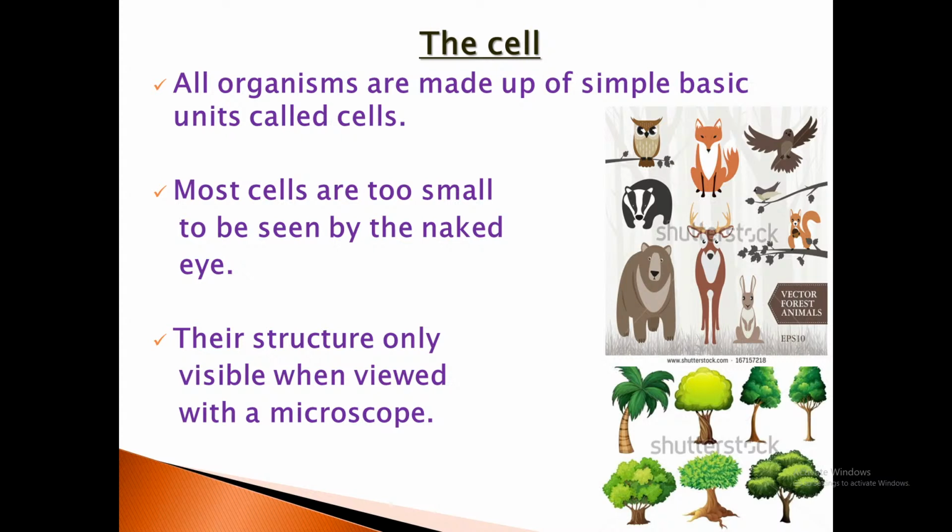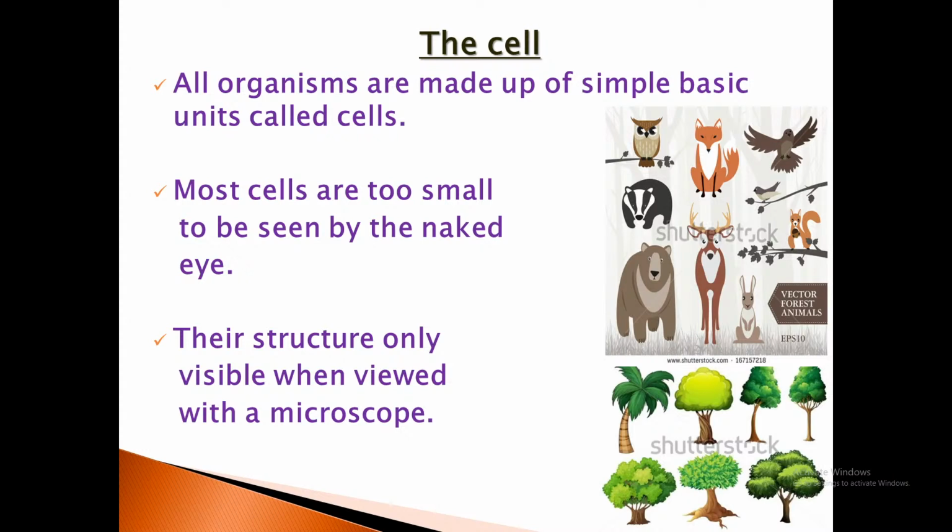Hence you are the size that you are now simply because your cells continuously multiply until you reach that particular height in terms of your development. So they normally say that a cell is the smallest or basic unit within an organism. So the first pointer: all organisms are made up of simple basic units called cells.